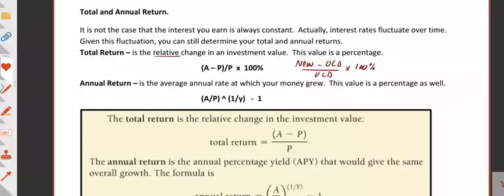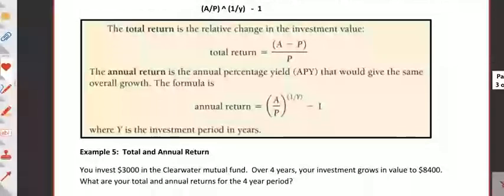So those two formulas are also given right here. Total return, A minus P over P times 100%. And annual return is A divided by P, all raised to the 1 over Y power. Then we subtract 1. And Y is just the number of years that that money was left in the account.